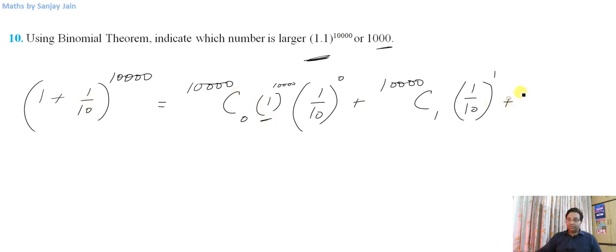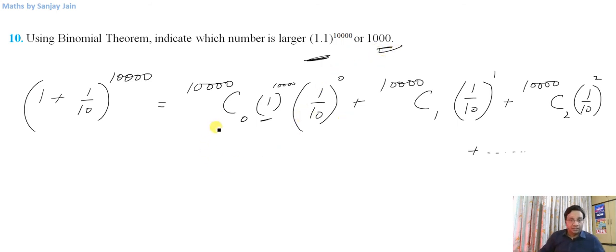So let's write one more term. In fact, we won't require that, but let us write that just to show you that it is more than 1000.